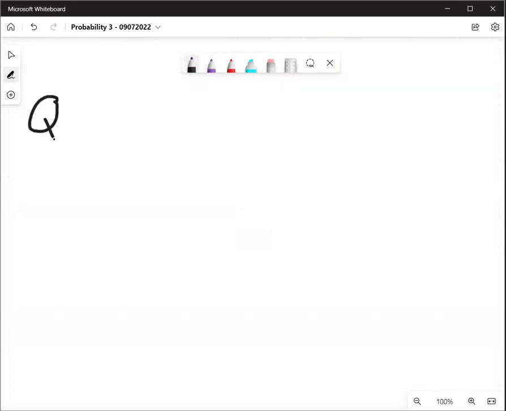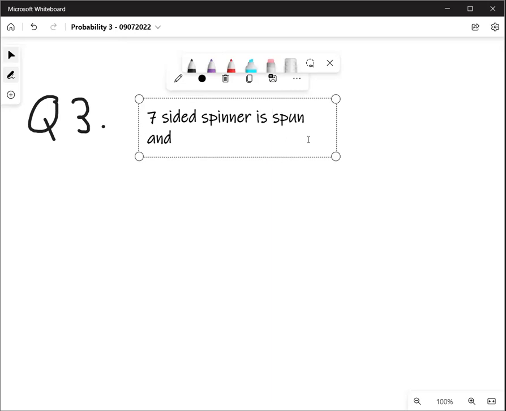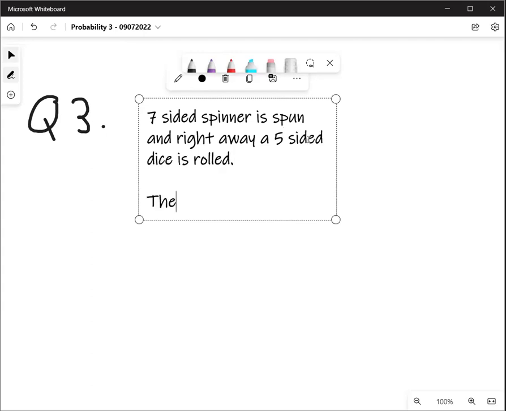Question number 3. Let's say you have a 7-sided spinner that is spun, and right away, a 5-sided dice is rolled. Let's just make it more realistic.